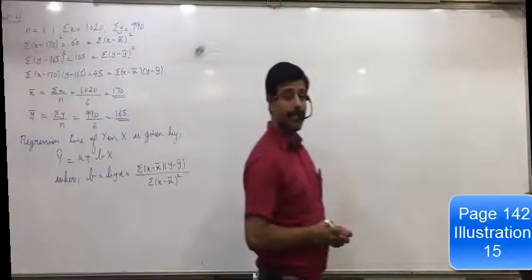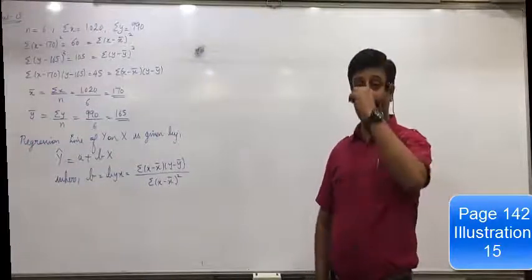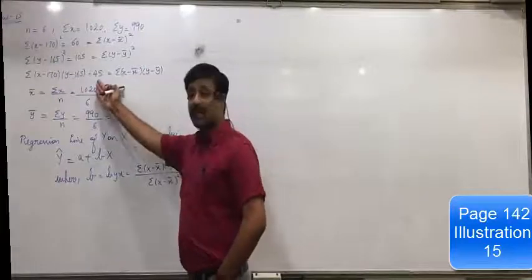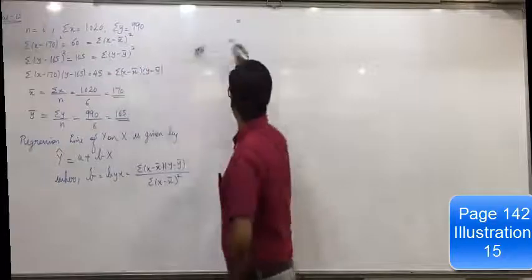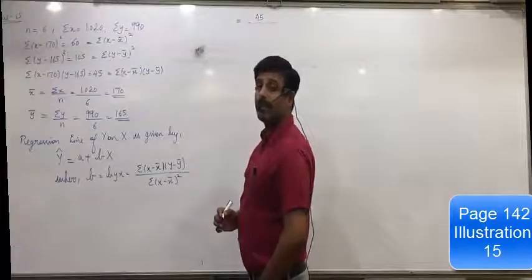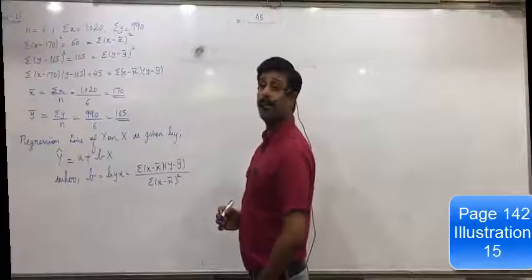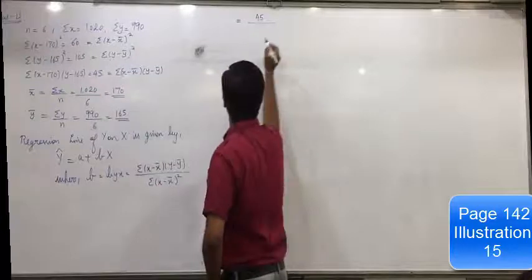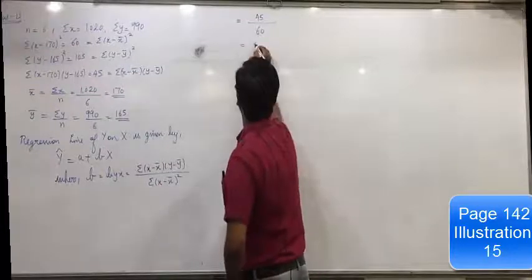Silence everyone. Did you write this? Completed? With the 3 next? 45. Yes, we can see this sigma x minus x bar into y minus y bar is 45. Further? Divide by sigma x minus x bar whole square, which we can see is 60. Is it coming to 0.75?